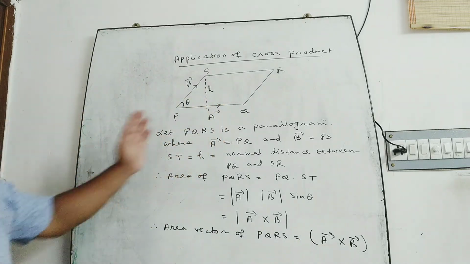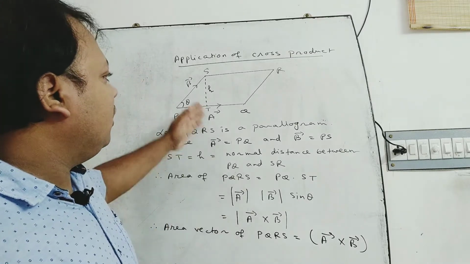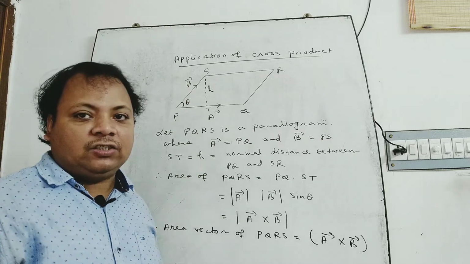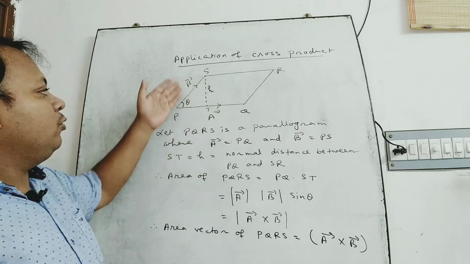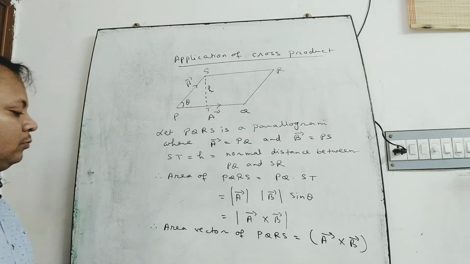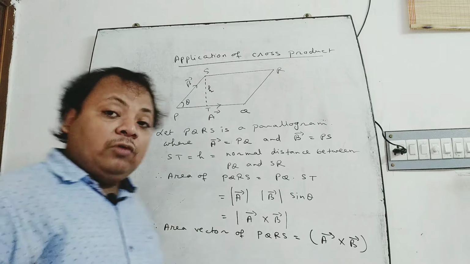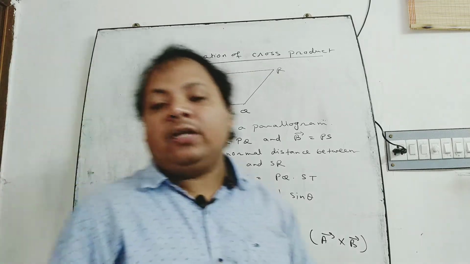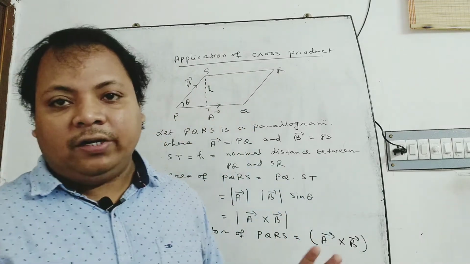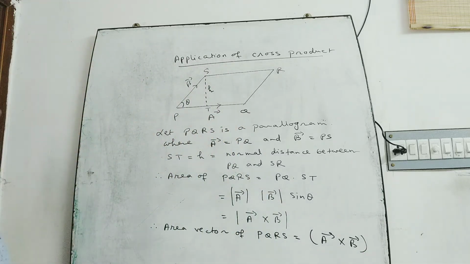That is, the area vector of a parallelogram is equal to the cross product between two adjacent sides of that parallelogram. That's why we can say that area is a vector quantity.